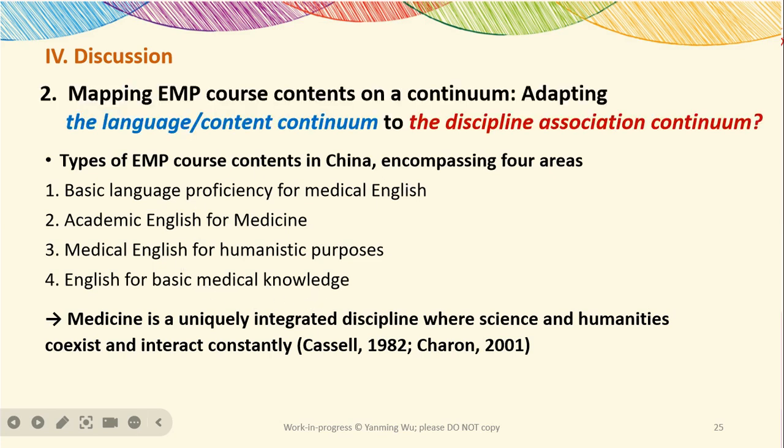So the inspiration for me is to map EMP course content on a continuum by adapting the language content continuum to, temporarily, what I will call the discipline association continuum.